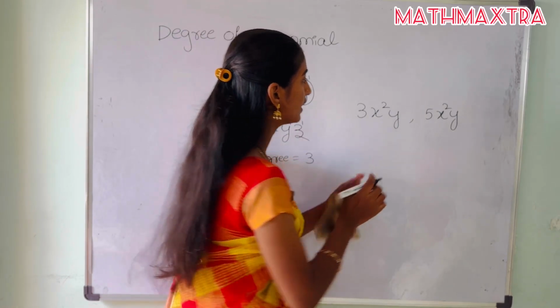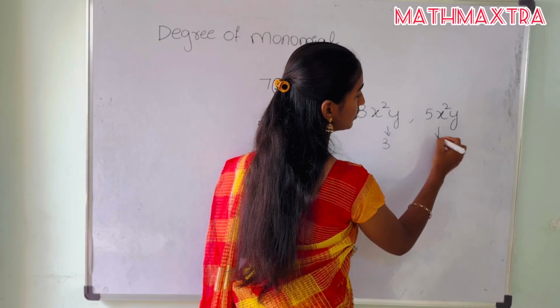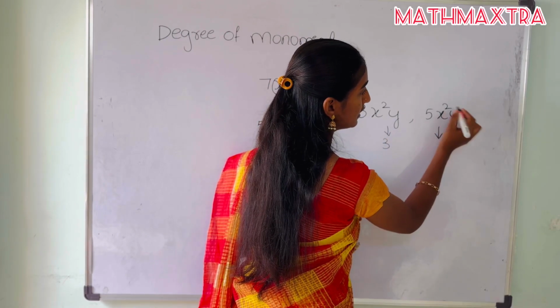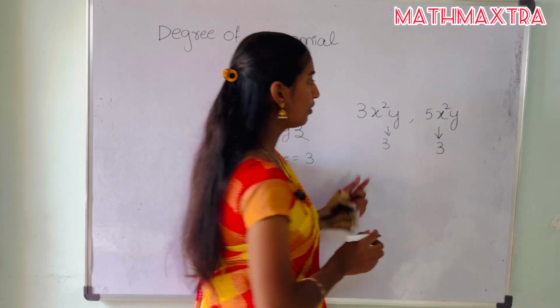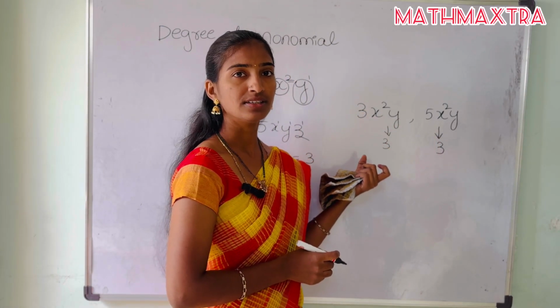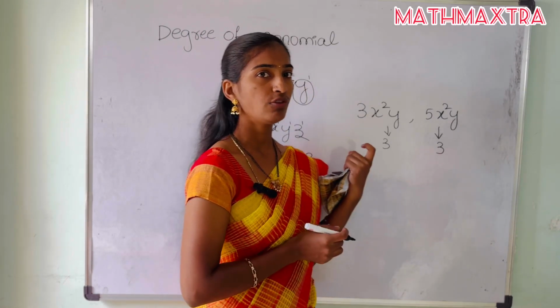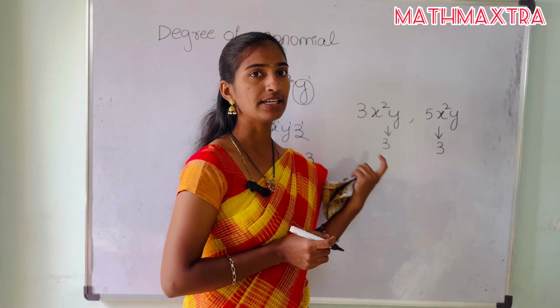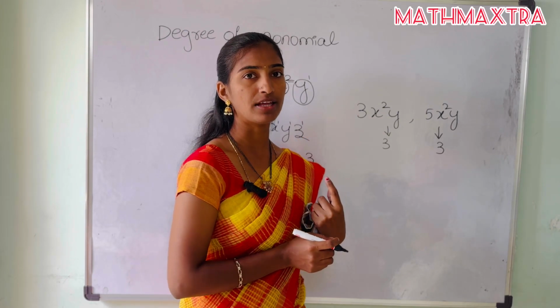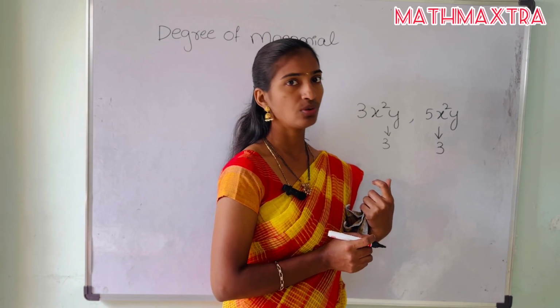See, x square y has degree 3. And this also has degree 2 plus 1, that is 3. So both the like terms have the same degree, isn't it? Now is the converse true? If you give the same degree for both monomials, are they always like terms? No, right?